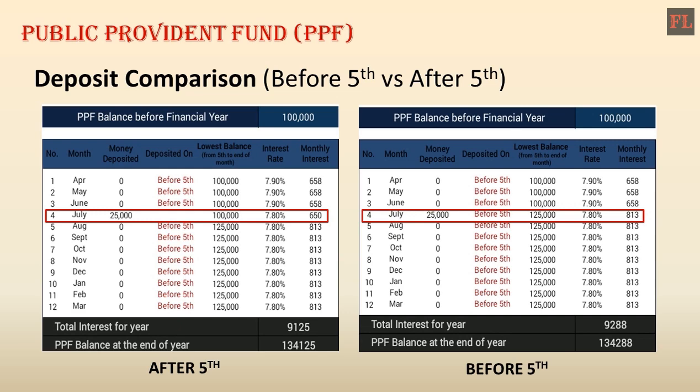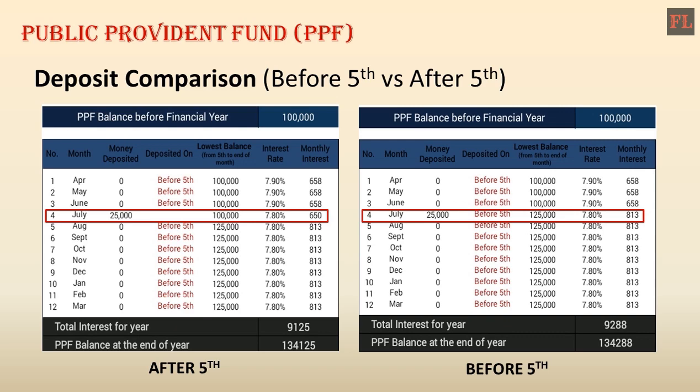Whereas on the right hand side, if the same amount was deposited before the 5th of July, the interest earned was 813, which is more compared to the previous one. So it's always better to be careful with the deposit dates. If you deposit before the 5th day of a particular month, you will gain the interest for that month, or else you will lose the interest, and you will start gaining the interest from the next month onwards.